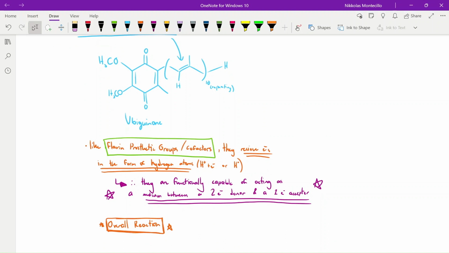And therefore they are functionally capable of acting as a medium between a 2 electron donor and a 1 electron acceptor. So 1 electron acceptors would include FAD, FMN, and then a 2 electron donor could be NAD. Okay.